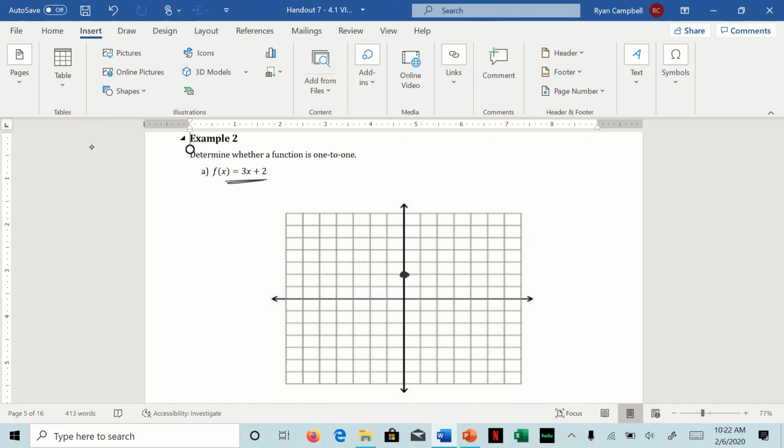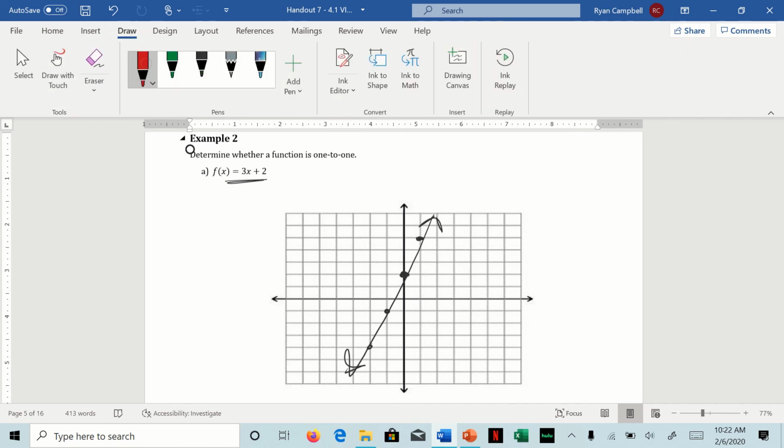Go up 3 over 1, and down 3 over 1. So this is our line. Then the question is, does it pass the horizontal line test? Every single time a horizontal line crosses, it's only going to cross at one place. So this is 1-to-1 by the horizontal line test.